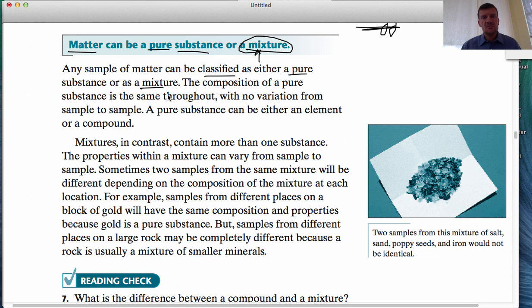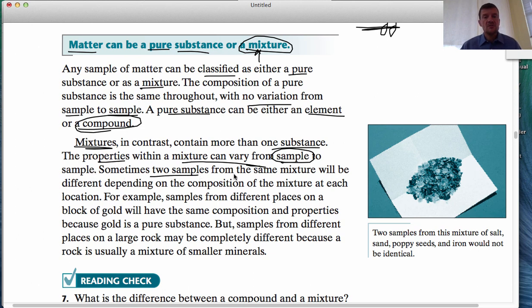A pure substance, we know it's pure because there's not going to be any variation from sample to sample. So a pure substance can either be an element or a compound. Mixtures, though, there's going to be differences throughout the mixture. It's going to contain one or more substances, and the properties are going to vary depending on the sample that you draw from that mixture.